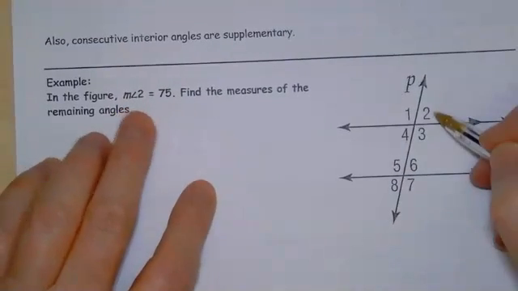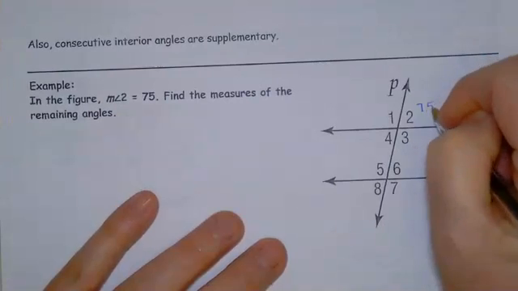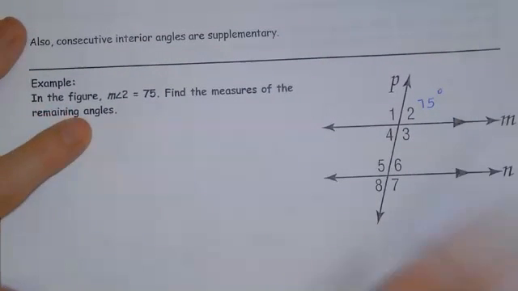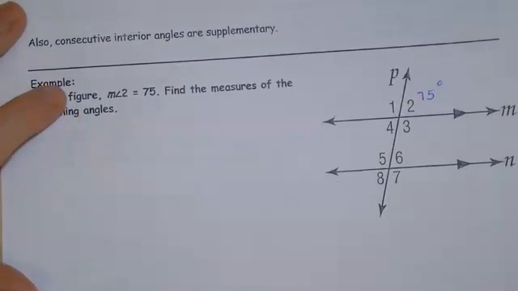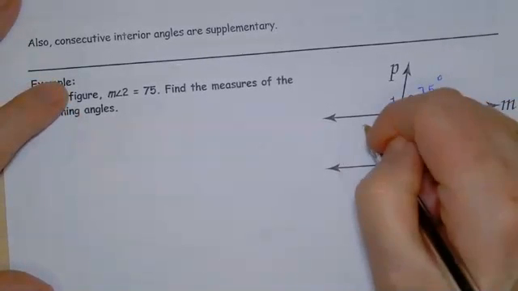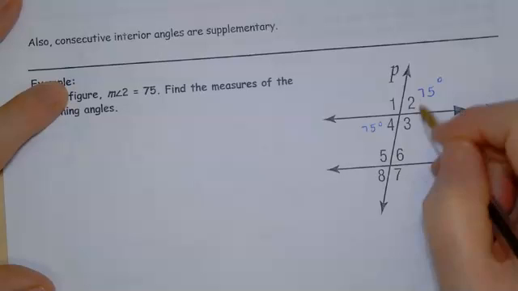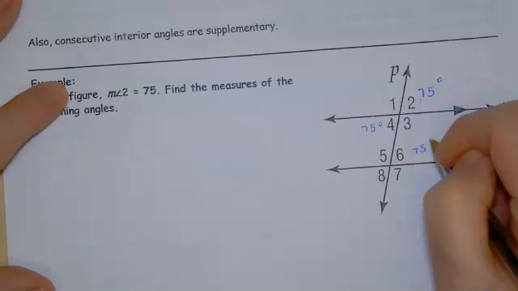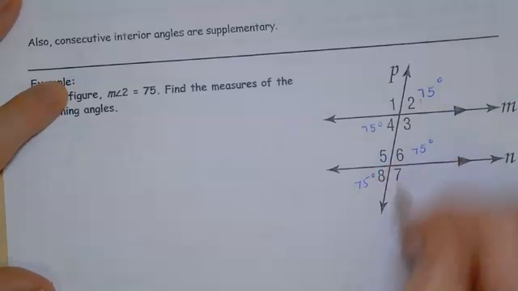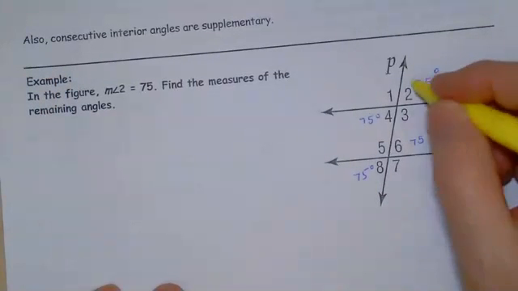Okay? So the angle of number 2 is going to be 75. So this angle is going to be 75 degrees. And you can also tell what other angles are going to be 75 degrees, because these two are the same. These two are the same. So you have those 4 angles that are all 75 degrees.